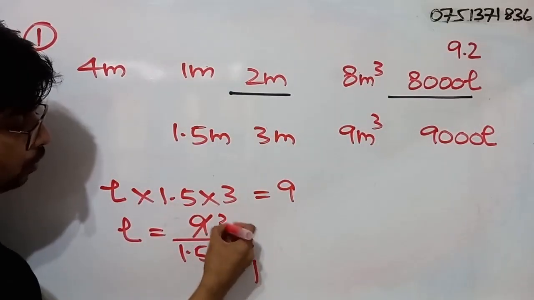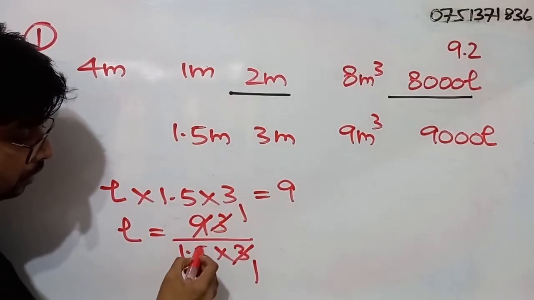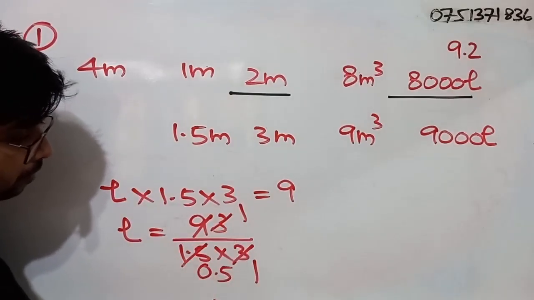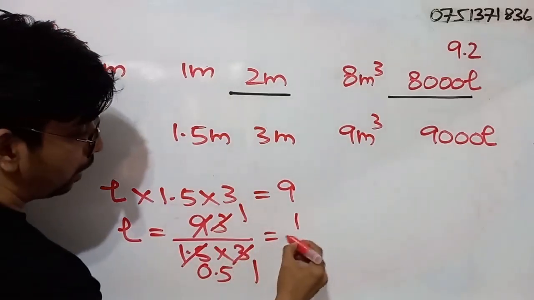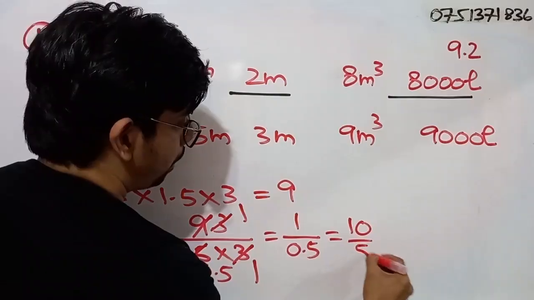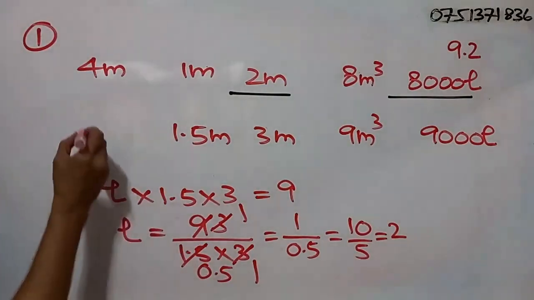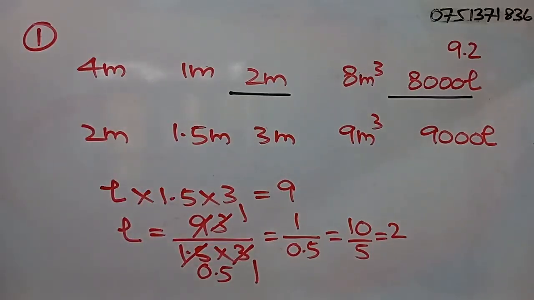So 3 into 1, 3 into 0.5. So that means 1 divided by 0.5. That means 10 divided by 5, which is 2. So here the length is 2 meters. So these are the two spaces that we need to fill.